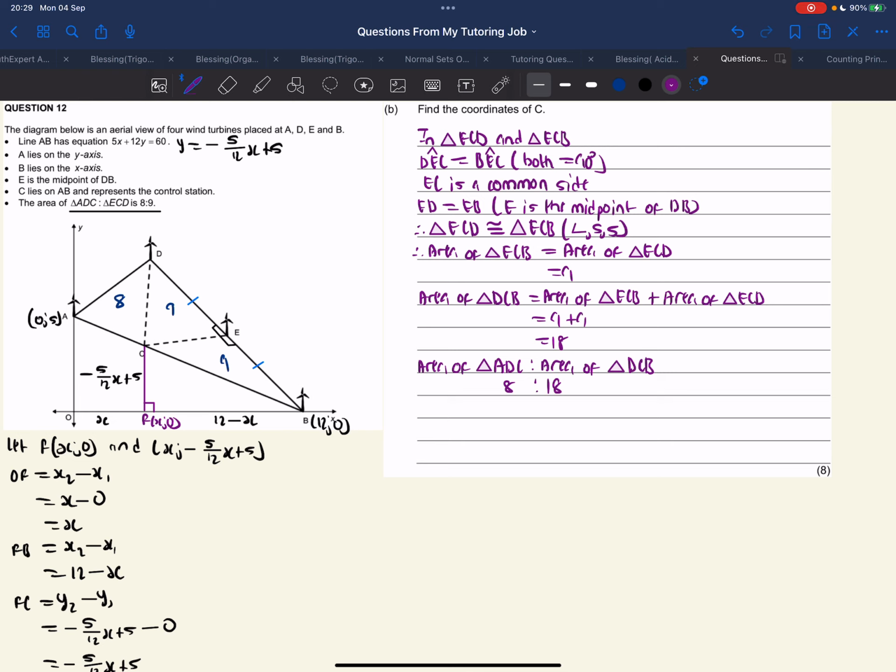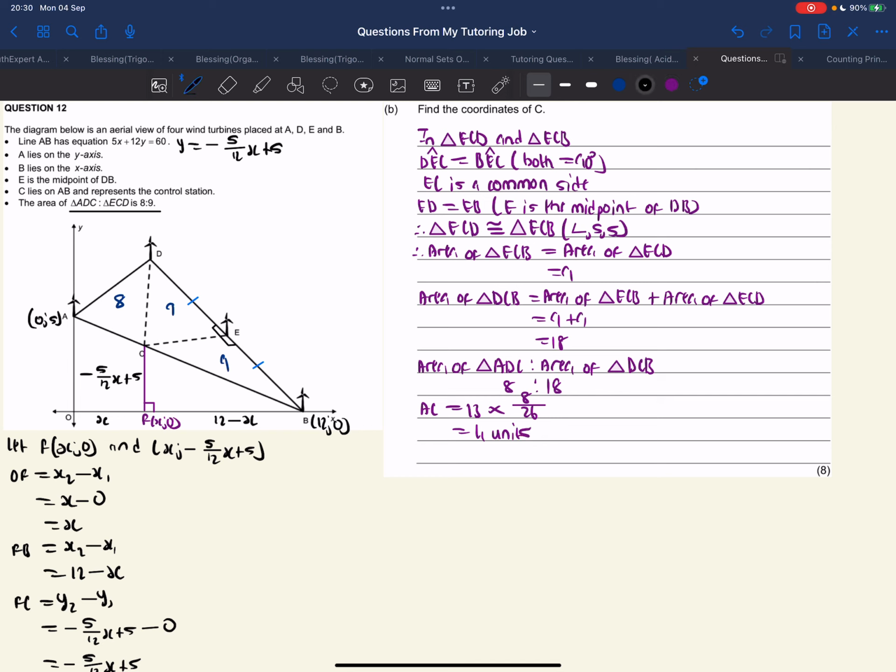Then now to find the length of AC, I'm just going to say that AC is going to be equal to, now remember the length of AB we found it to be 13. Then I'm going to say 13 times 8 over 8 plus 18, which is 26, and that is going to give me 4 units.